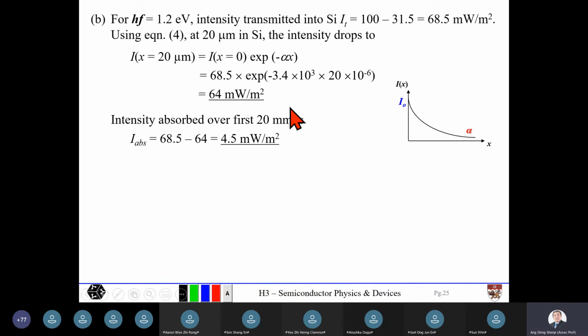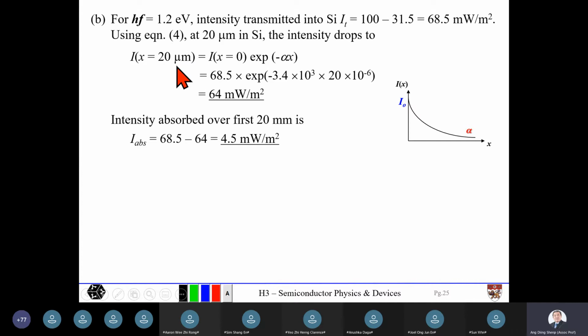Now, for part B, if we want to calculate the amount of light energy absorbed in the semiconductor, we need to make use of Lambert's law. After propagating through the silicon for a certain distance, for example 20 micrometer, you use Lambert's law to calculate the remaining light intensity at x equals 20 micrometer.